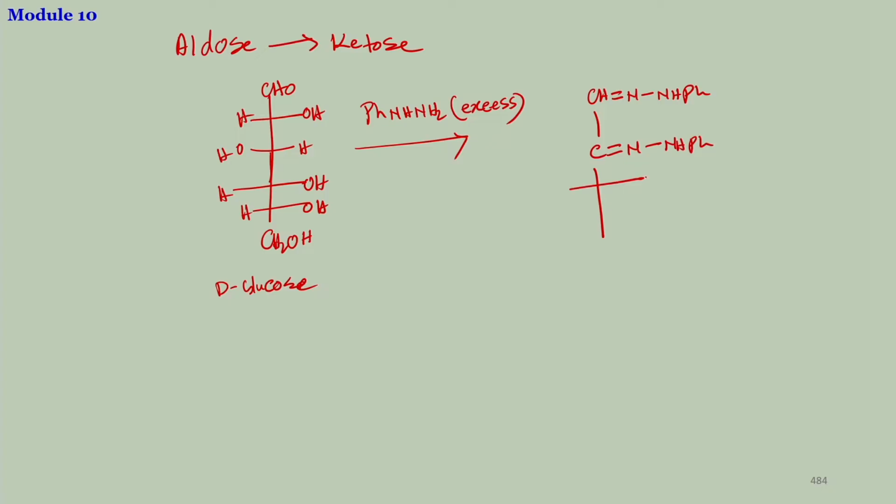These two carbons now have the double bonded nitrogen, the rest would be intact, CH2OH.